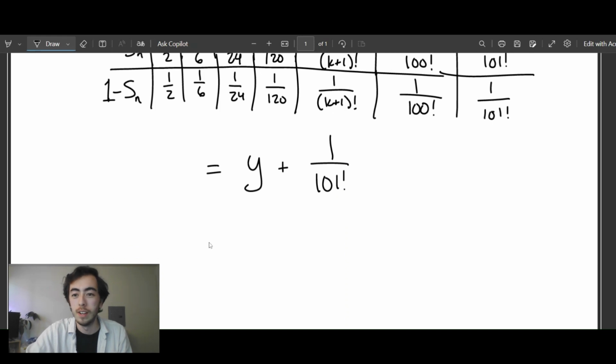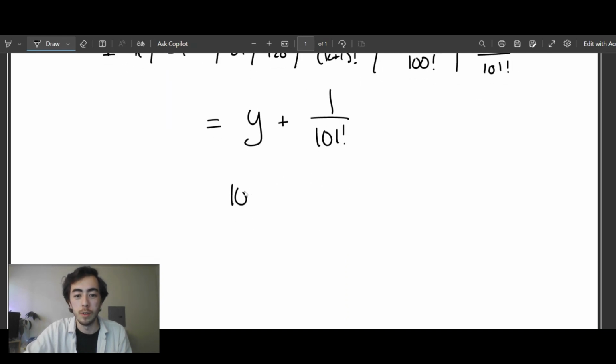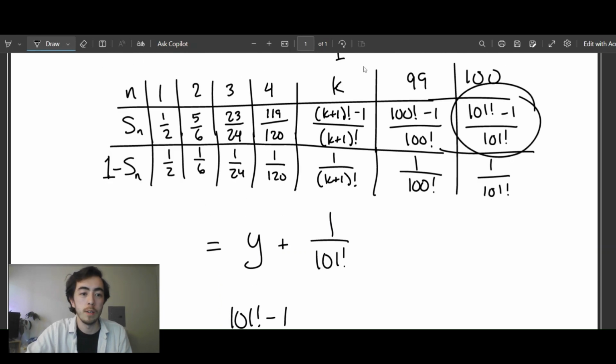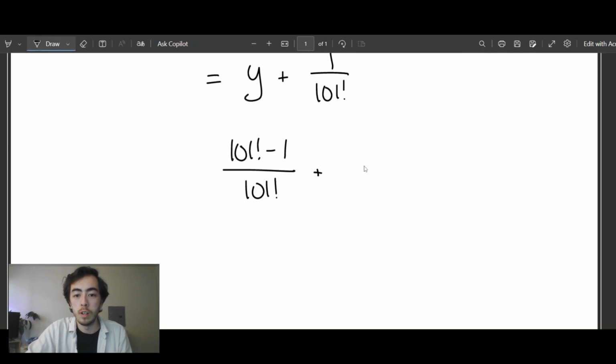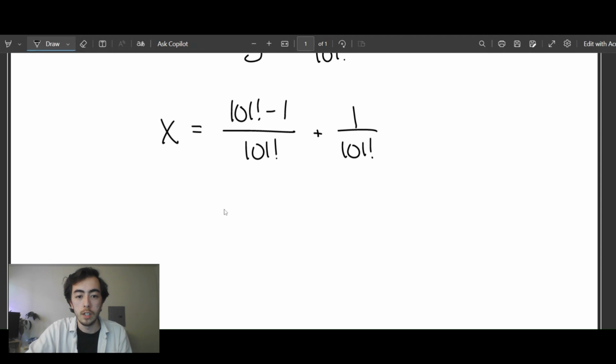And then once I do this new value for y, and I add 1 over 101 factorial, I should get the number 1, right? Because let's just do a little bit of substitution. I'm pulling this from my table right here, and then I'm adding the 1 over 101 factorial from the problem. And if I split the denominator on this fraction, I could show this as 101 factorial over 101 factorial minus 1 over 101 factorial.